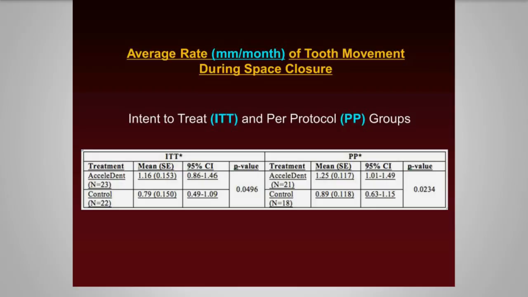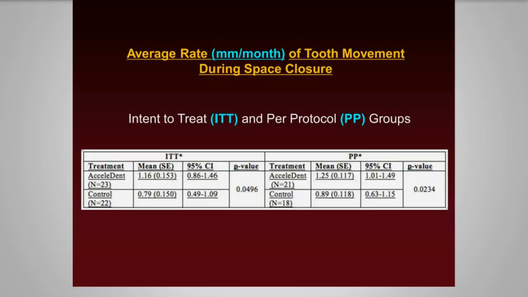In control, 0.79; in Excellident, 1.16 millimeters per month. The unit is millimeters per month, so millimeters per month gives us the rate. This was significant at 0.0496, so there is significantly faster tooth movement in the Excellident group compared to the controls.